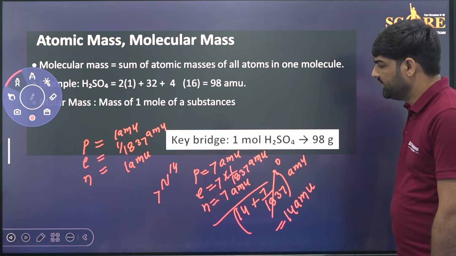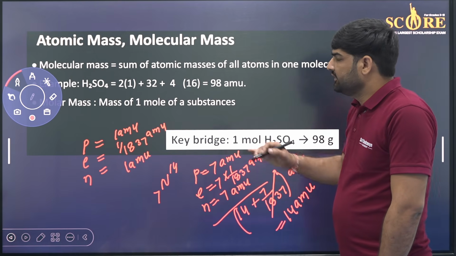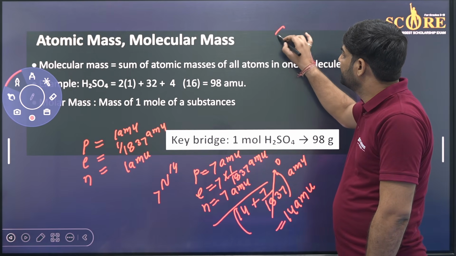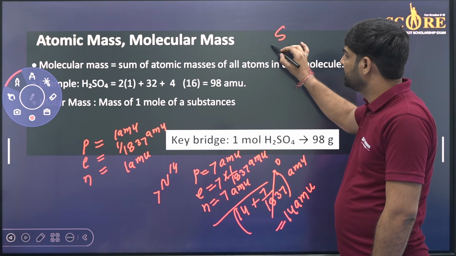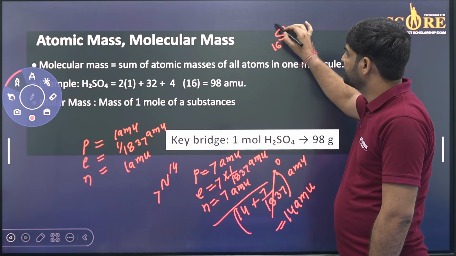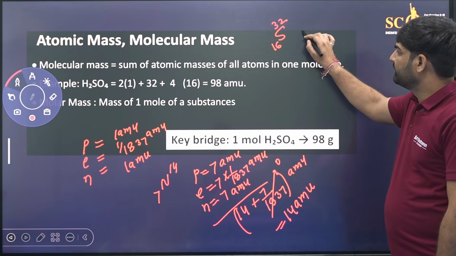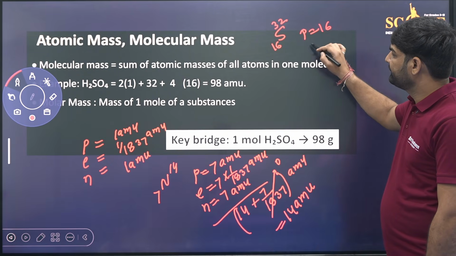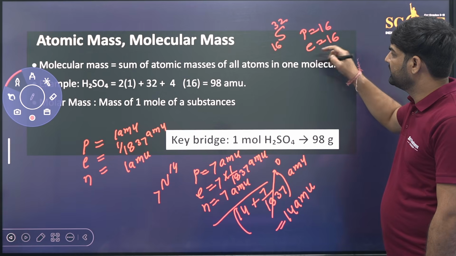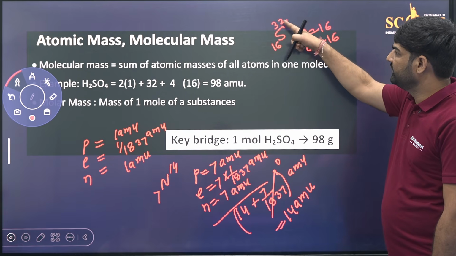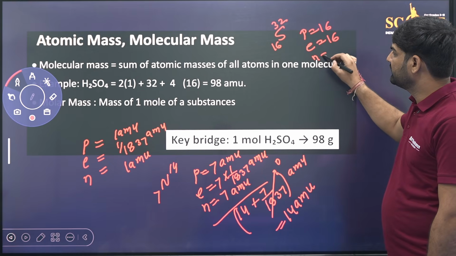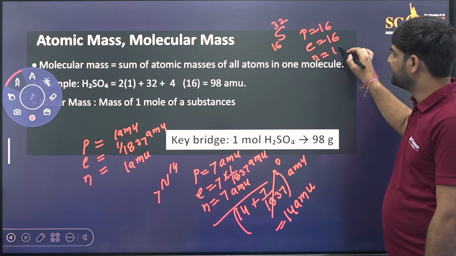Okay, now I take an example of sulfur. Sulfur, you know, 16S32. So we can say protons are 16, electrons are also this number, and neutrons will be this minus this, so neutrons will be 16.